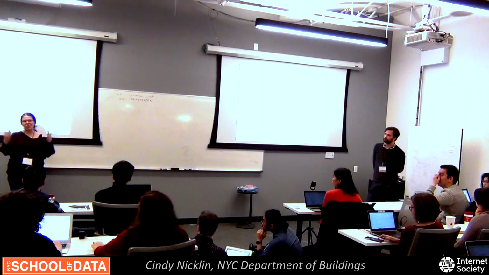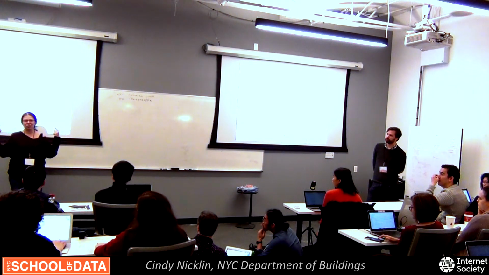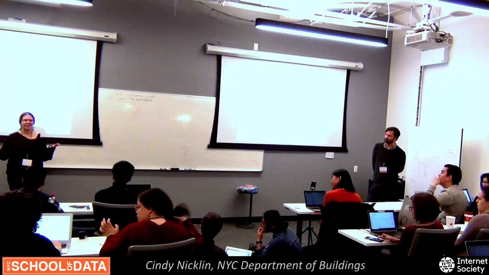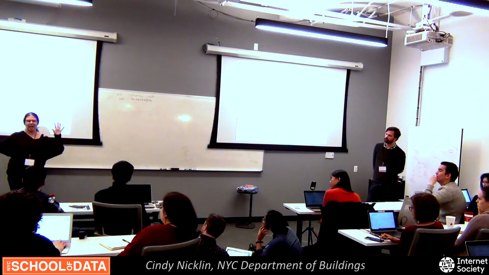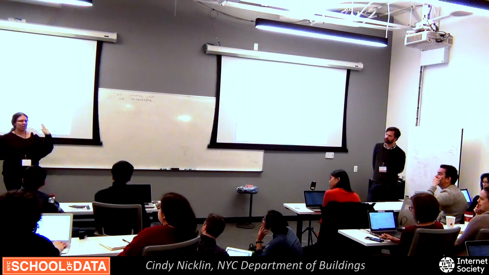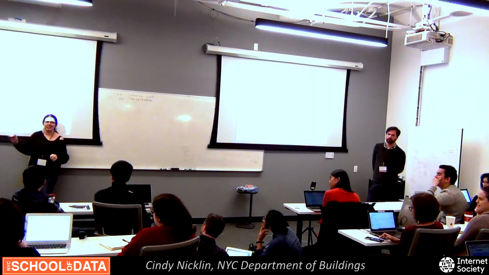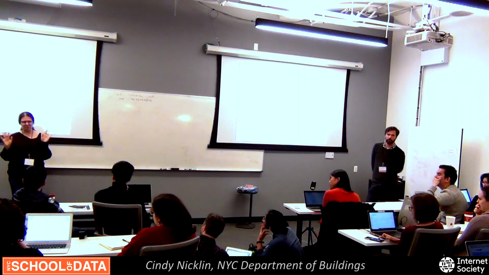So they'll submit both applications at the same time, and our system can't handle two unique identifiers for that same address. So what we've done is to use that existing BIN for both the demolition and the new building application. While this construction job goes through the process, both have the same BIN.